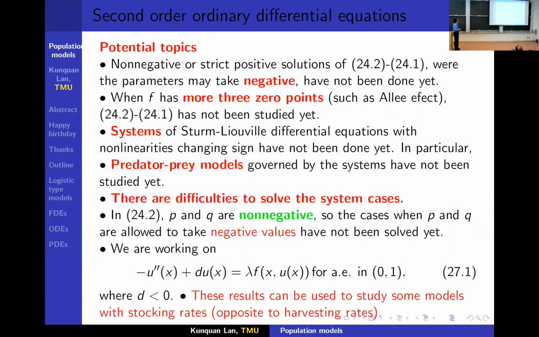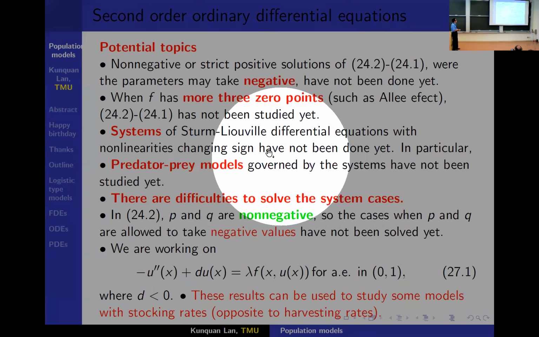So potential topics: system, and even one, first in one dimension, for the system we have not done it. So when we go from one equation to the system, that means you can use it to model predator-prey. So this is how to do this kind of predator model. So this is in the future topics. So how to do the first order in one dimension.